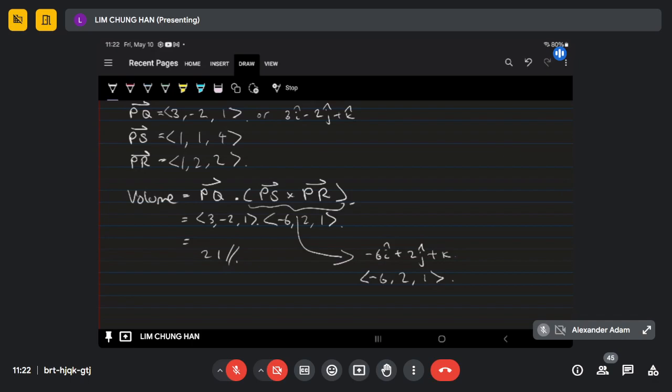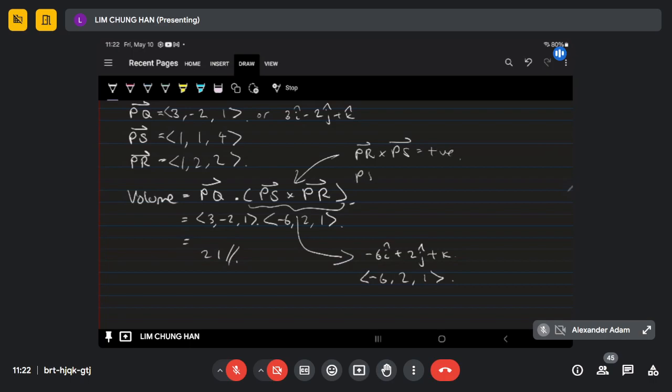So if you end up with a negative answer, you just turn it into positive because volume obviously has to be positive. It all depends on the PS cross PR. If you do PR cross PS, you may get a positive answer.